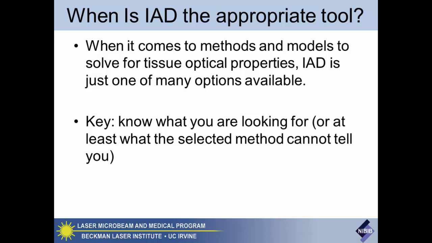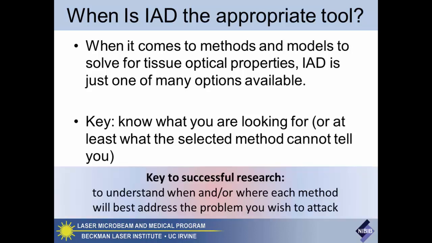And so the key point is to really know what you are looking at to determine whether that's an appropriate tool or not. So again, going back to that main theme, if you understand when and where each method best addresses the problem, it will help guide you to whether it's an appropriate technique, whether it has a chance to succeed or not.